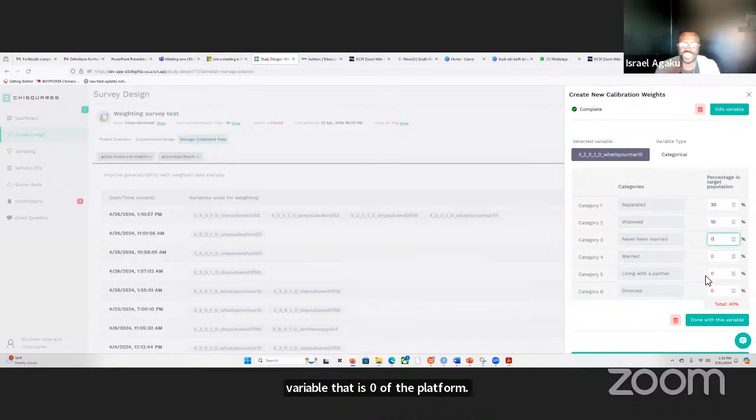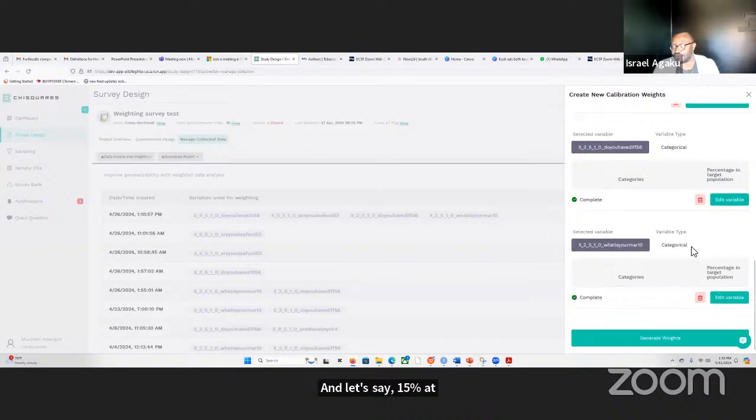So it has to be a value that is above 0. Let's say 23% have never been married, and 12% are this, and the current percentage is displayed at the bottom for you, and 10% at this, and let's say 15% at this. Now that's up to 100. I can say I'm done with this variable.